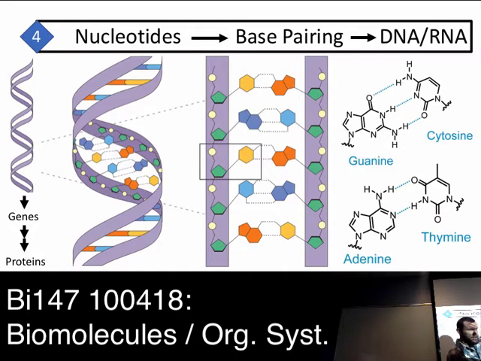Just like in amino acids, where we had these linkages between the adjacent, this happens between adjacent. We have a phosphate, ribose, on down.